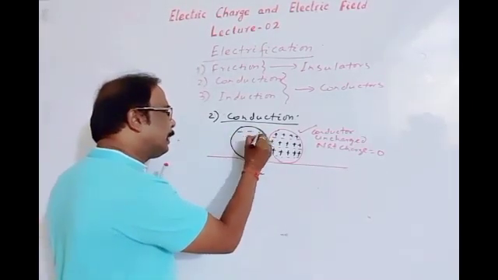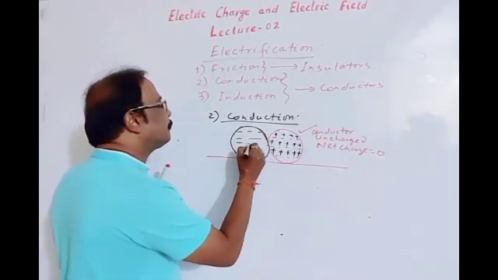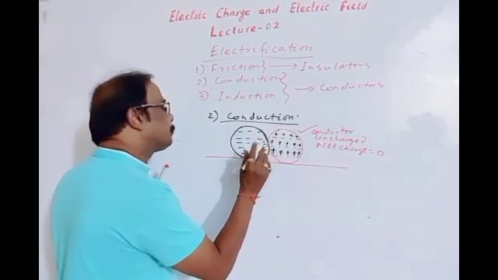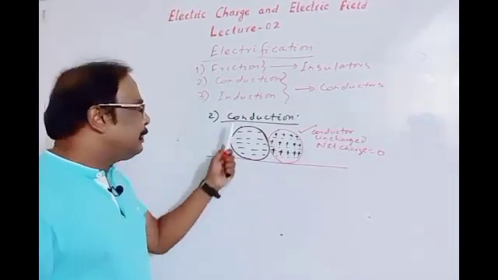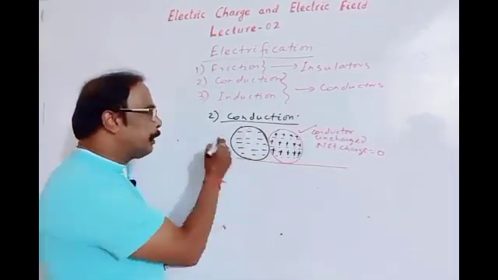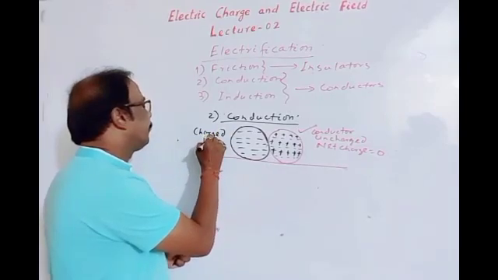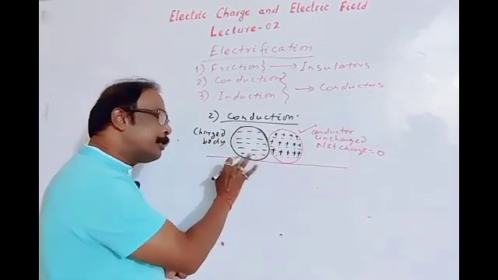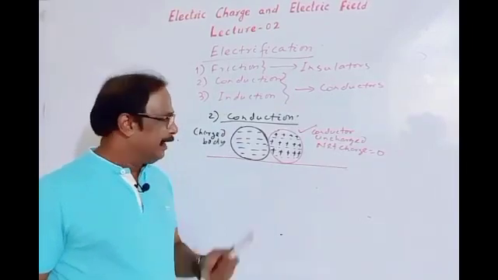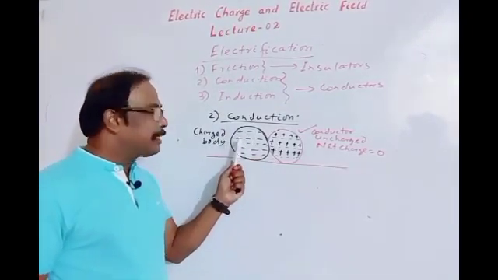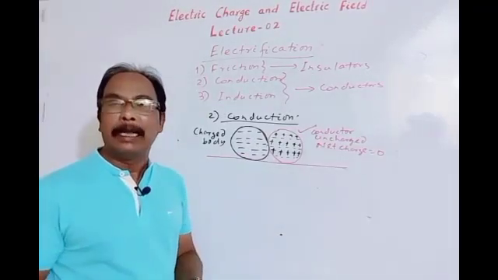Suppose this body is negatively charged. You may take positively charged also. Doesn't matter. This is charged body, and net charge is negative. This body has excess of electrons, so this body is negatively charged.